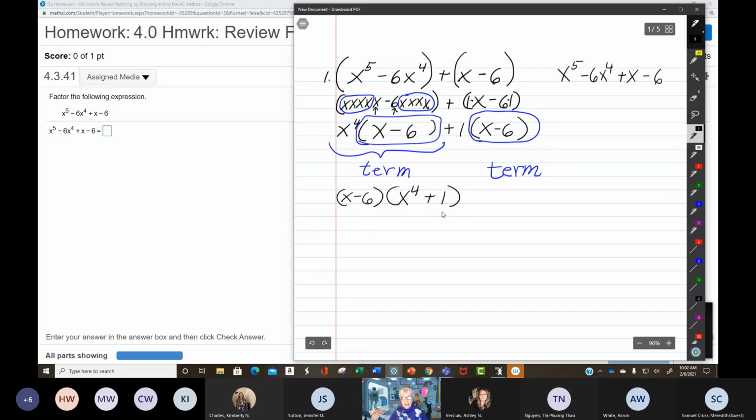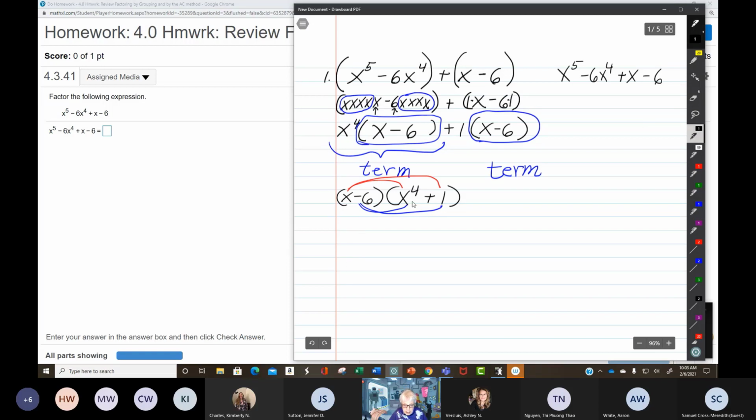And I can multiply these two together and prove to myself that I'm correct. x times x to the 4th, x times positive 1, negative 6 times x to the 4th, negative 6 times positive 1.